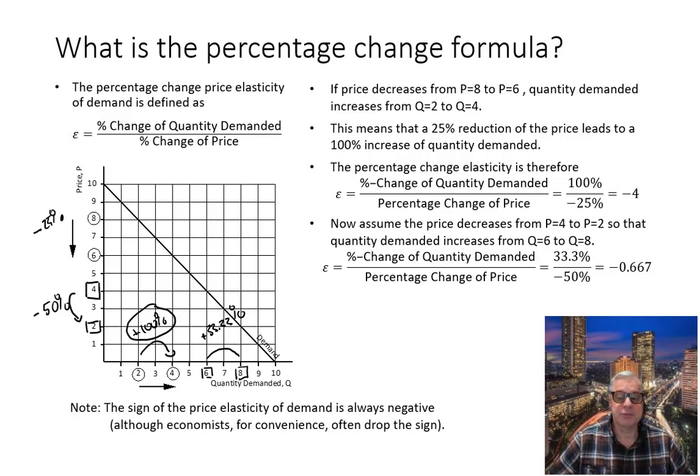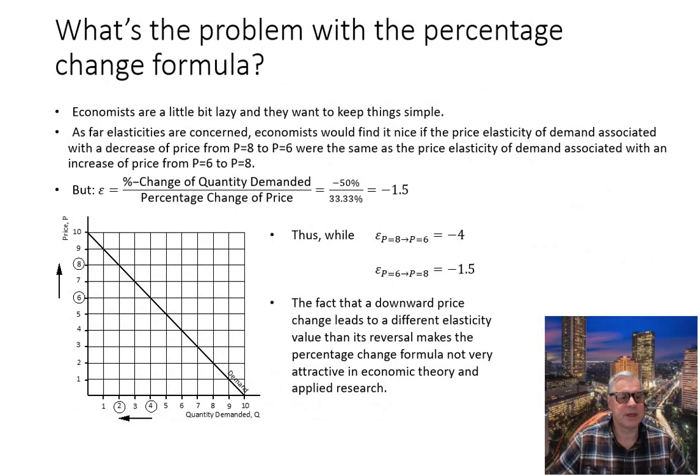Okay, so there's a problem, however, with the percentage formula, and that can be seen if we examine what will happen when we increase the price from 6 to 8. If you remember, when we decreased the price from 8 to 6, quantity demanded doubled from 2 to 4.